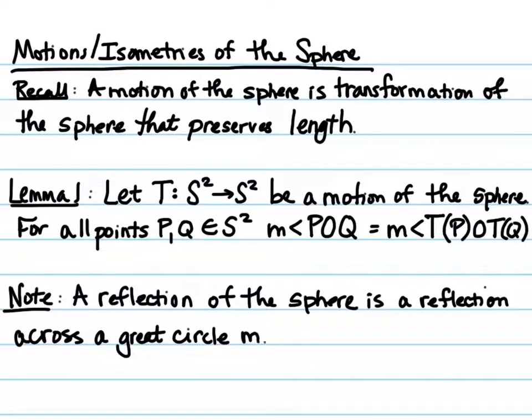We'll call it M for now, because then we can actually talk about the fixed points. What points would be fixed if we reflected across the line M? Yep, the points on M, just like in Euclidean and hyperbolic geometry. Points on M.